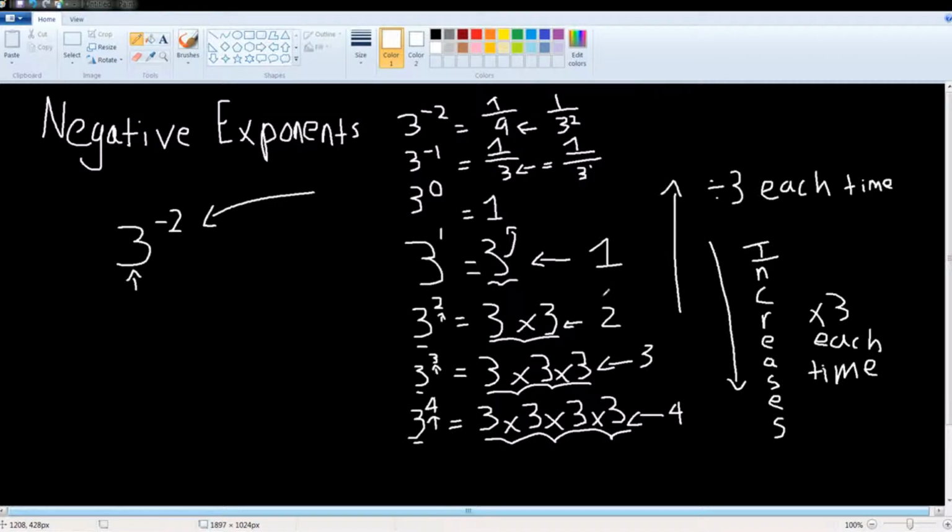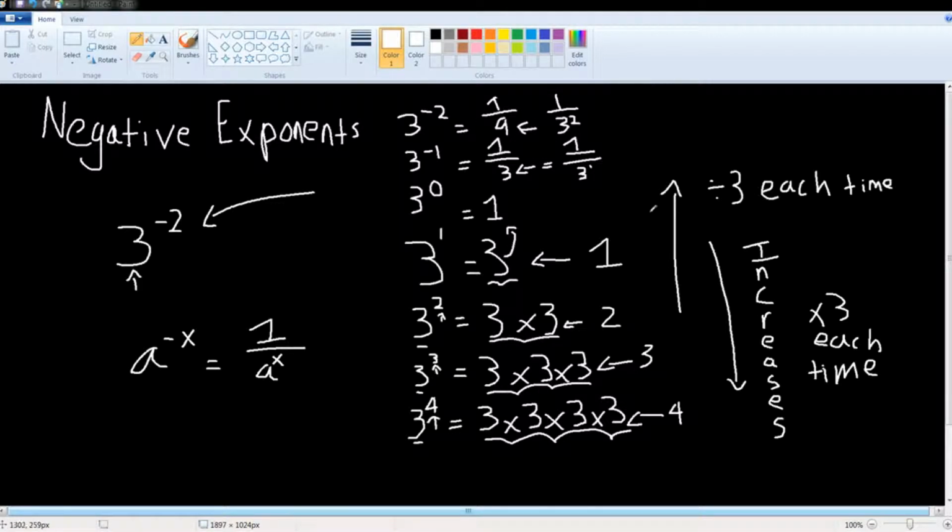So to conclude, when it comes to negative exponents, any number in the form a to the negative x will be 1 all over a to the x power.